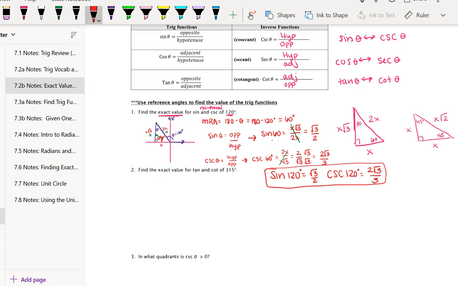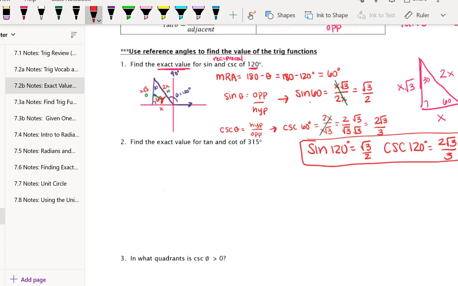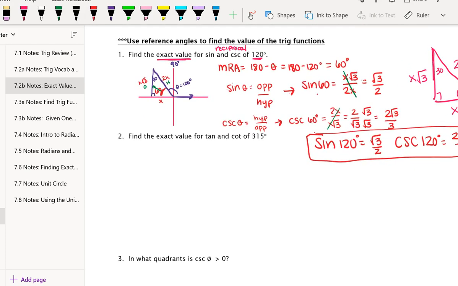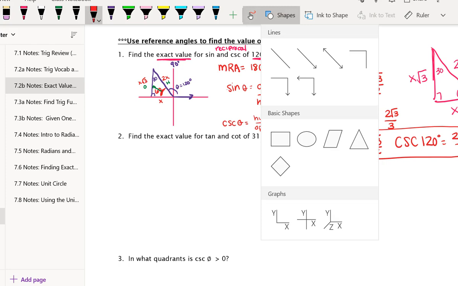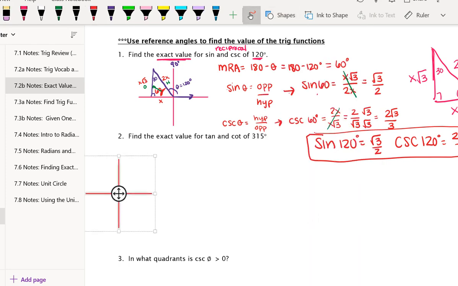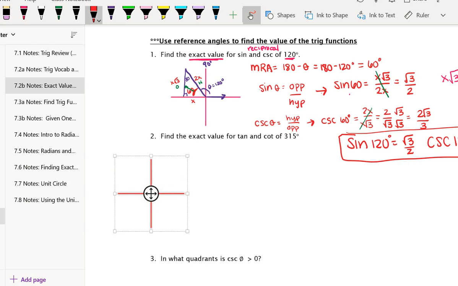Now we're going to do number 2, and we're going to find the exact value of tangent and cotangent of 315 degrees. So the way we do that is the same way that I started before, and so I'm going to draw a coordinate plane. Okay, so 315 degrees.